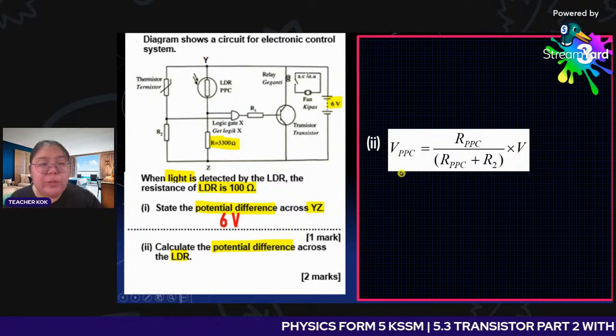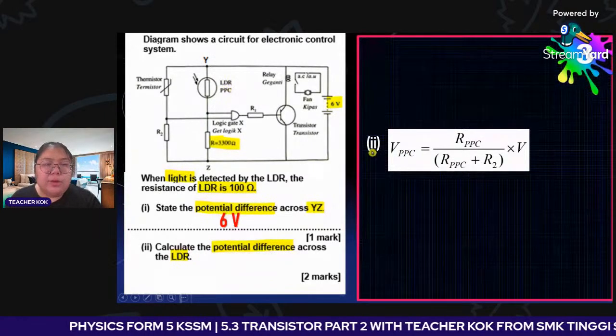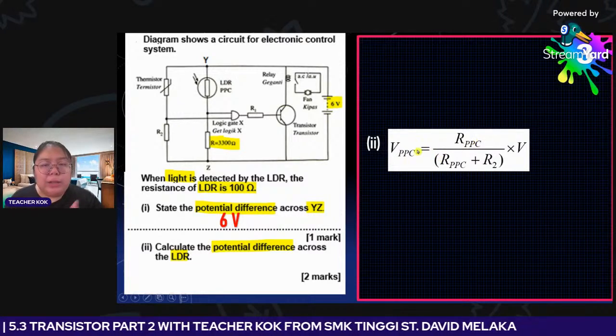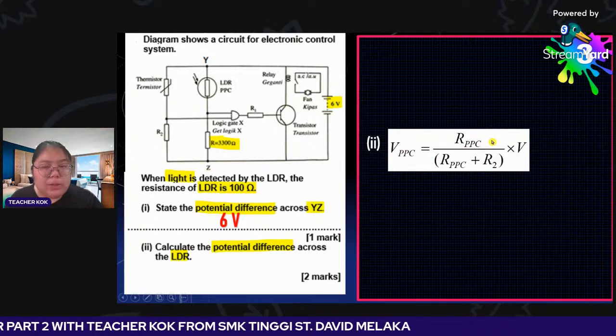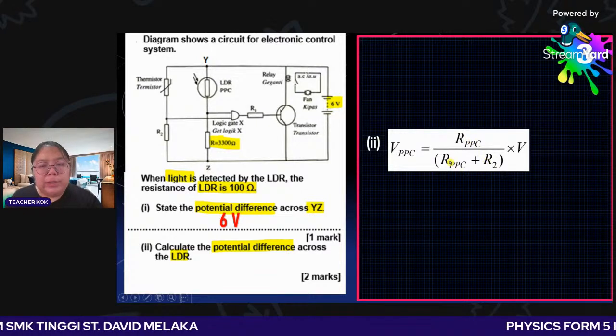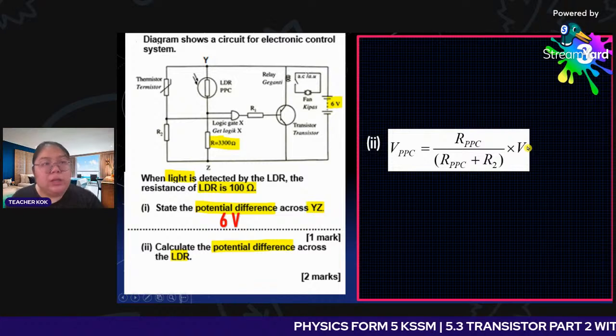I never mentioned V1 before, I just mentioned PPC, following the question. For the LDR, V equals R1 over R1 plus R2 times total V. I label PPC, so this R is also PPC, over RPPC plus R2, multiplied by the total V.